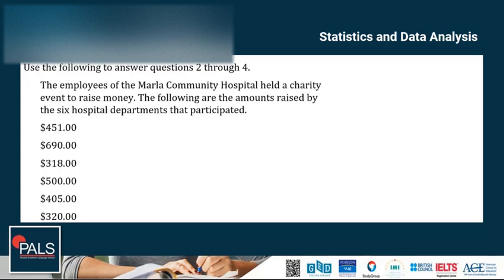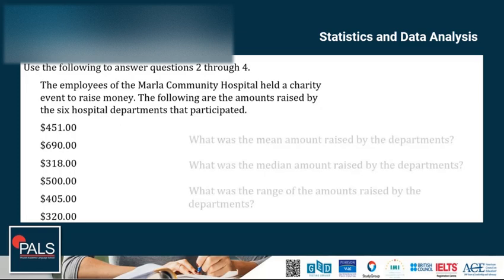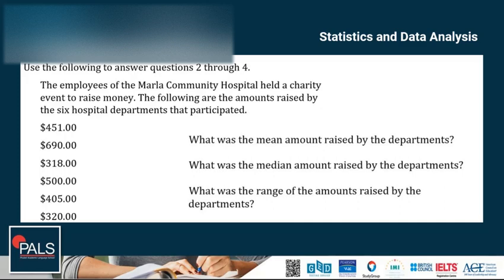The amounts are $451, $690, $318, $500, $405, and $320. Now, using the information, let's answer the following questions. The first one is, what was the mean amount raised by the participants?